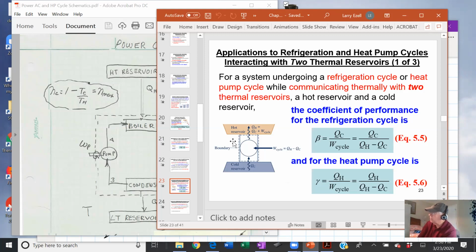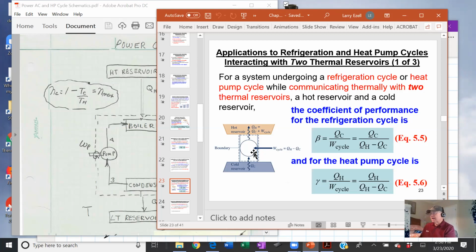We really don't, but we start using these arrows. Here's what I mean. When writing this equation, work of the cycle, we're actually taking the larger one, QH, minus the smaller one, and that's equal to the work of the cycle.